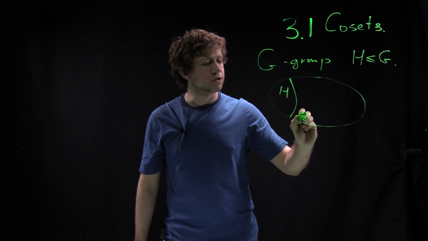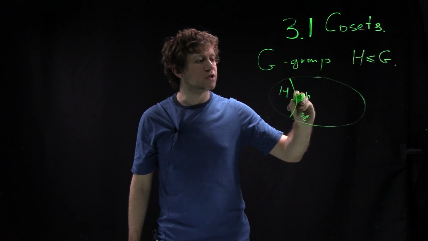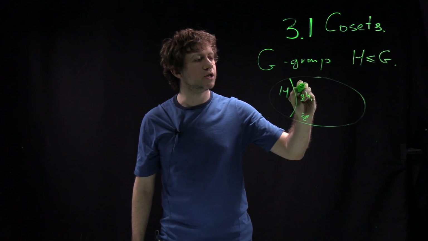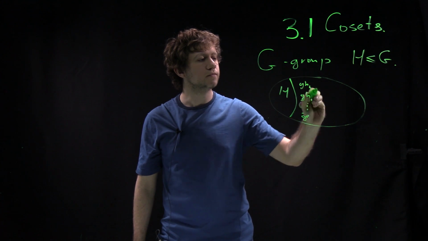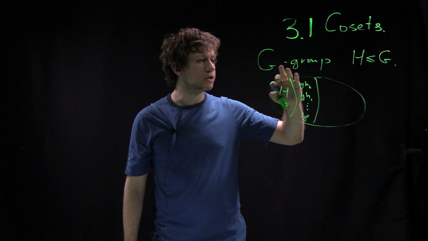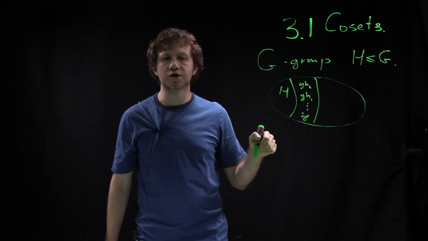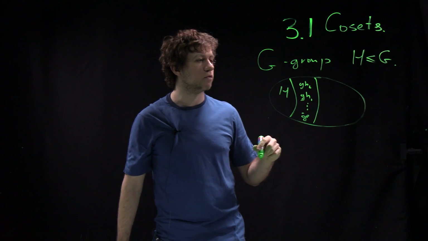So this is g times identity, which is also in H, and we can move it to some element gh1, gh2, and so on. Then we get a collection of elements in G, which are basically this element g shifted by all elements of H. By shifted, I mean multiplied from the right.